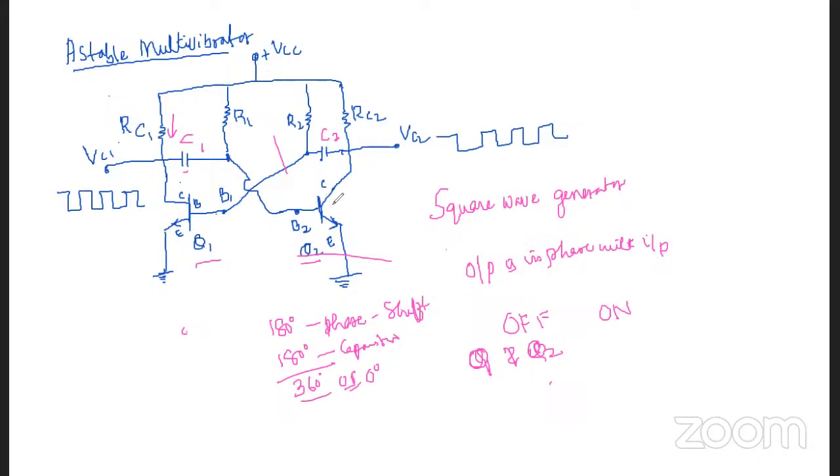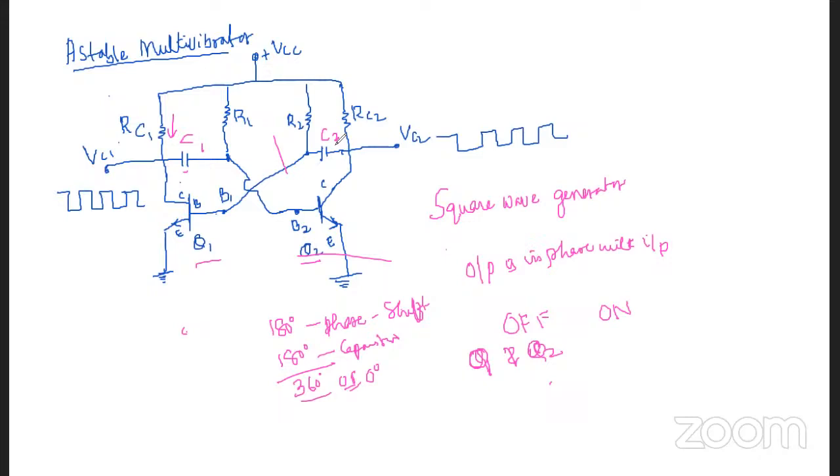Again, when the transistor Q2 becomes on, the collector current flows through this RC2 here. Thereafter, this C2 is going to be charged, as the collector current in Q2 rises to saturation and in Q1 it is equal to ICEO.